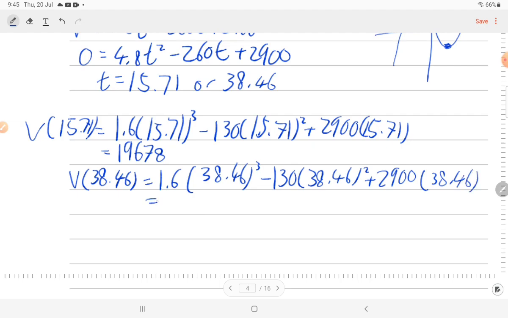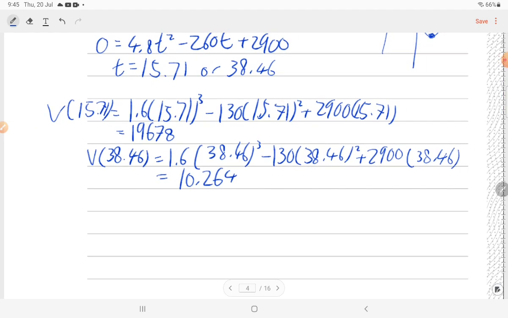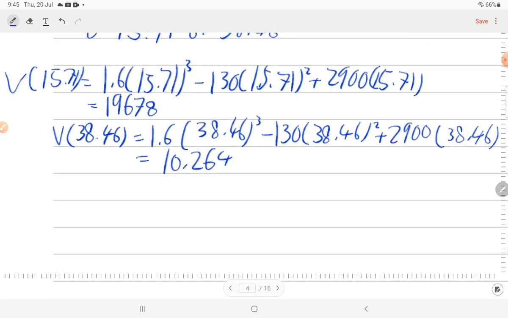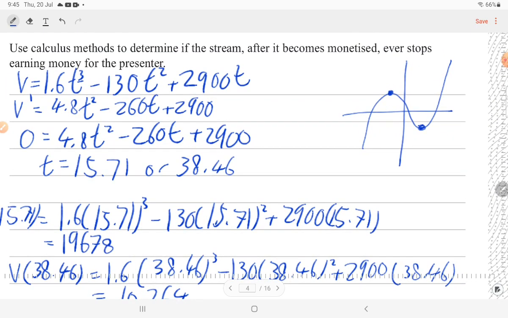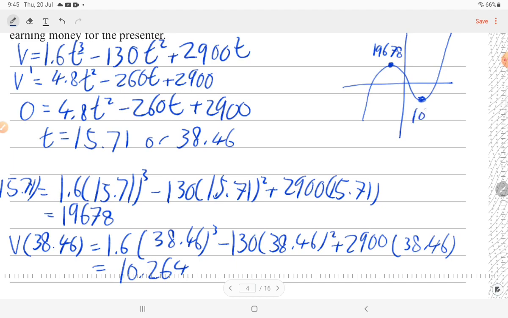Plugging this into our calculator will give us 10,264. So these are the maximum and minimum: this is 19,678 and this is 10,264.